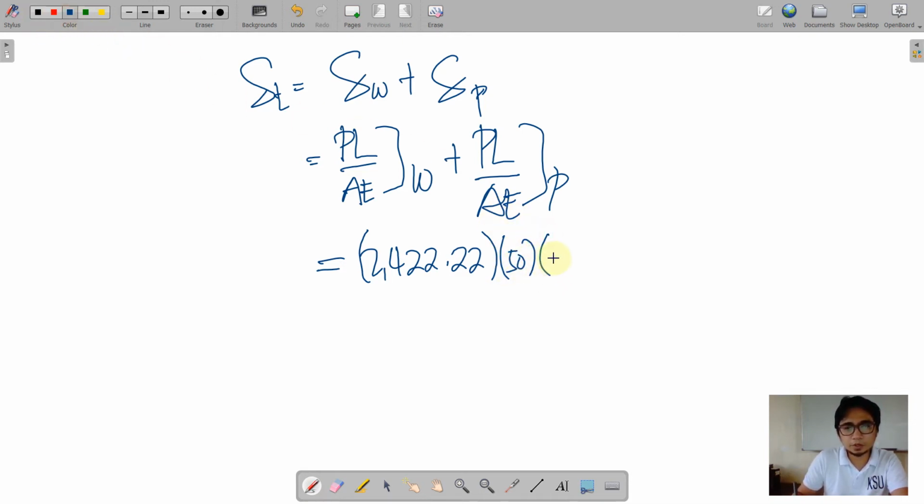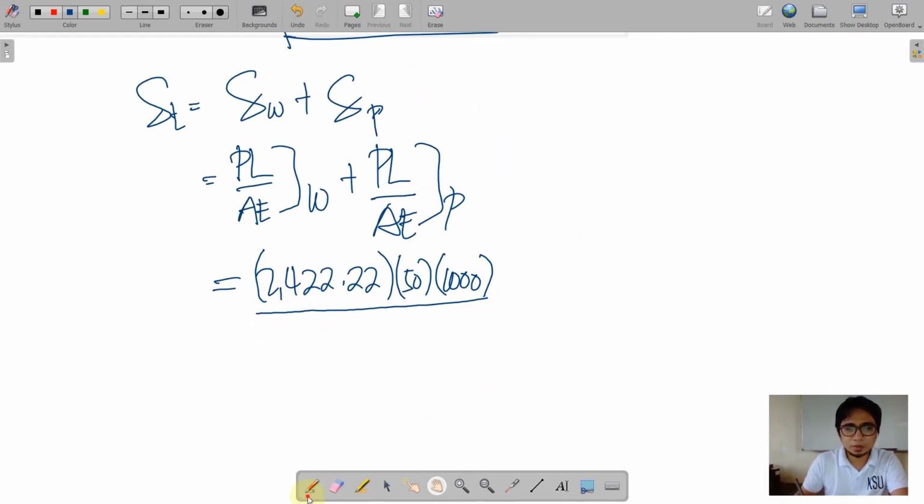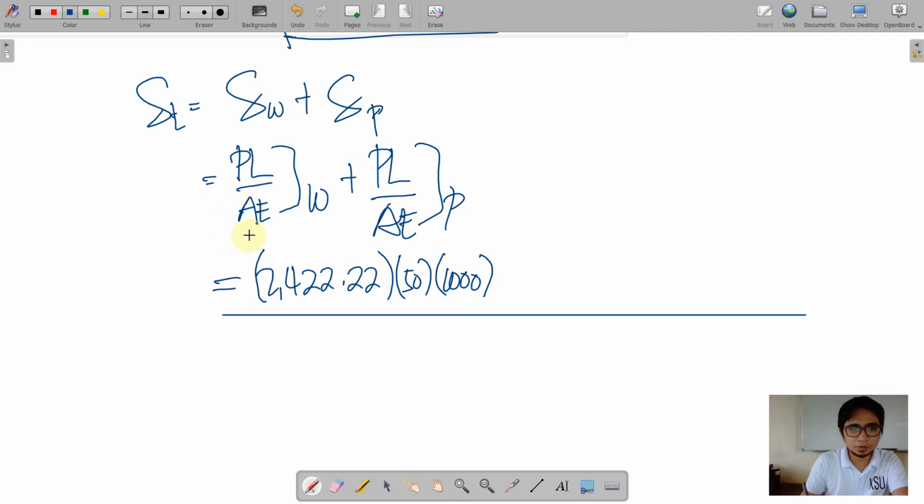This is 50 meters, so we need to multiply that by 1000 to come up with a millimeter unit. And I think we should already merge here the denominator. Okay, so we suggest now to merge our denominator into 1, because we have a uniform cross section and a homogeneous material, so there is no change in the area as well as the modulus of elasticity all over the length.